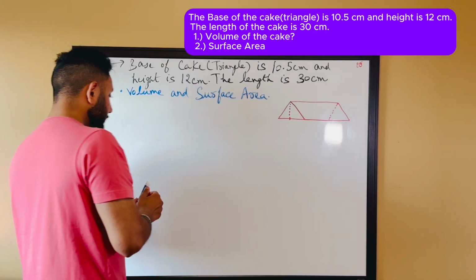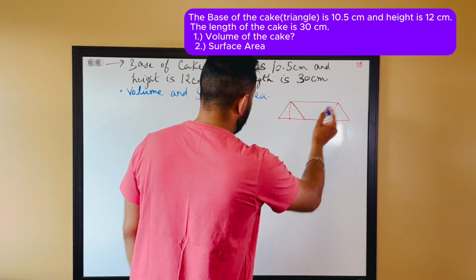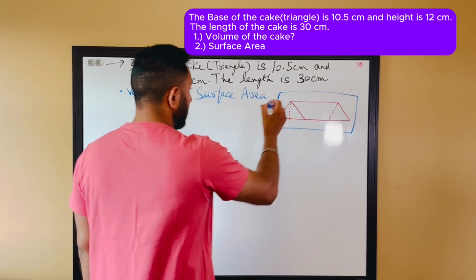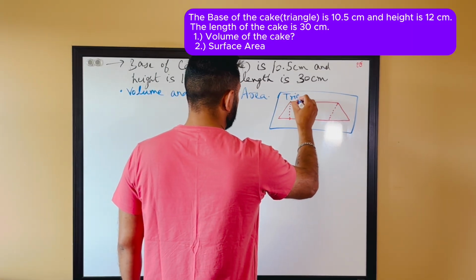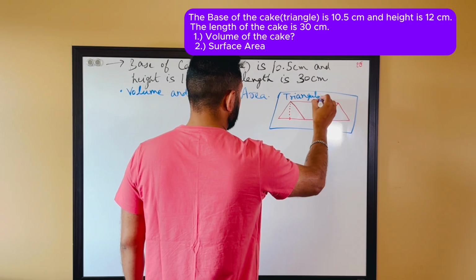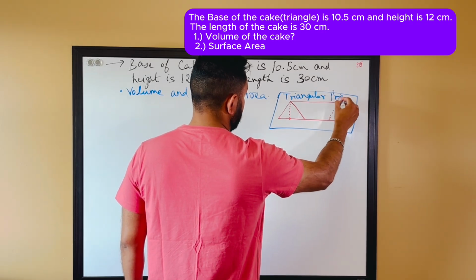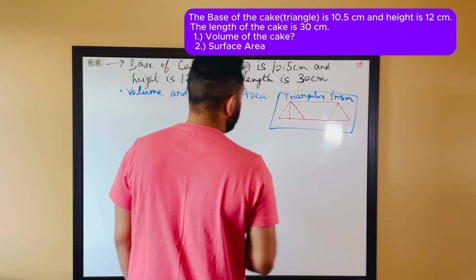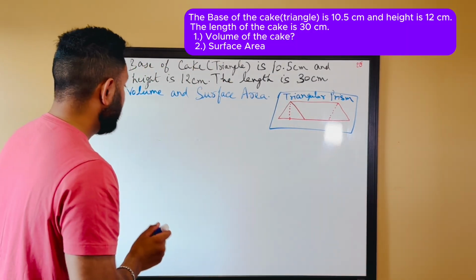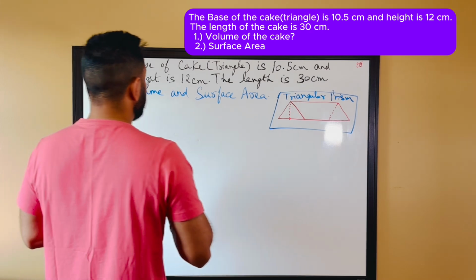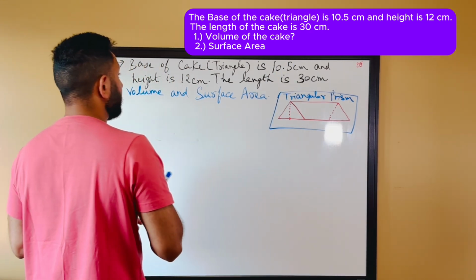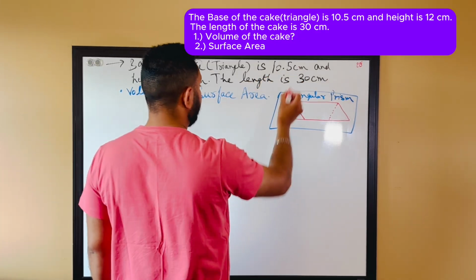So we already know that the cake is in the shape of triangular prism, because it has two triangular bases and three rectangular faces. So let's emphasize on what is given to us. The base of the triangle is 10.5 centimeters.